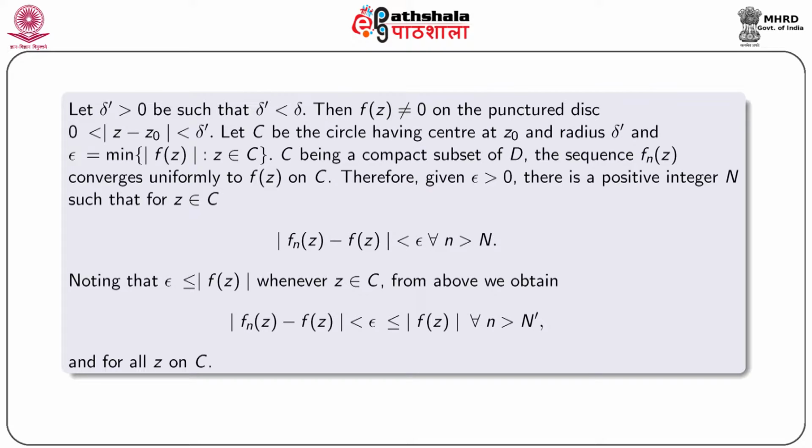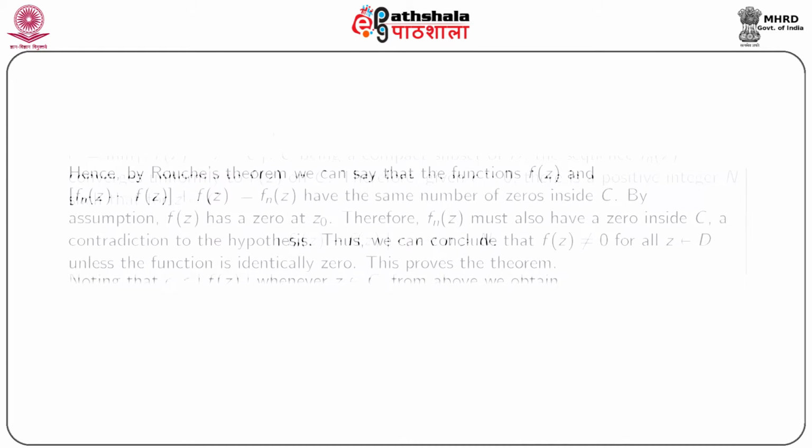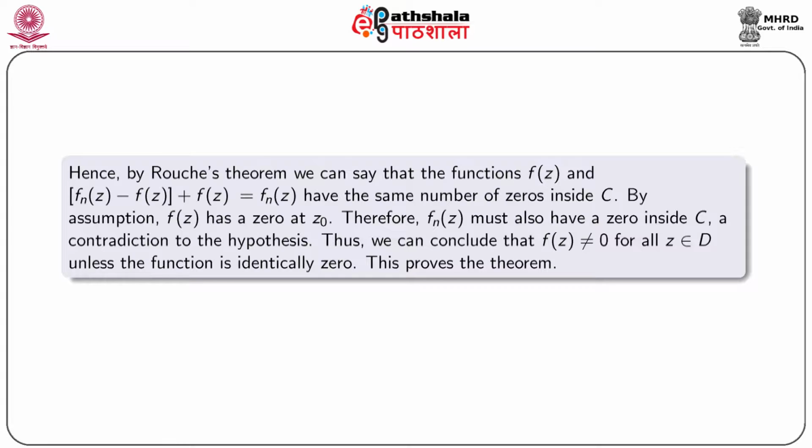Noting that epsilon less or equal to mod f(z) whenever z belongs to C, from above we obtain modulus f_n(z) minus f(z) is less than epsilon less or equal to mod f(z) for all n greater than N and for all z on C. Hence, by Rouché's theorem, we can say that the functions f(z) and f_n(z) minus f(z) plus f(z), that is equal to f_n(z), have the same number of zeros inside C. By assumption, f(z) has a 0 at z0.